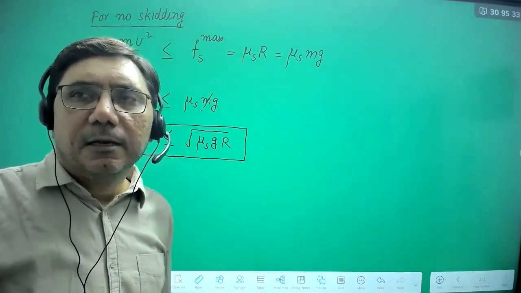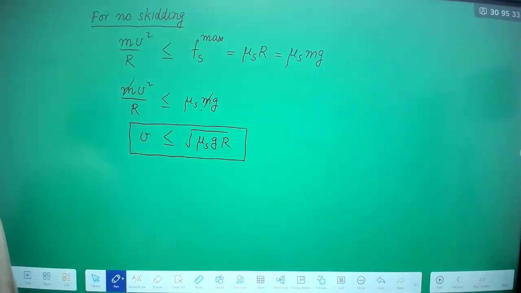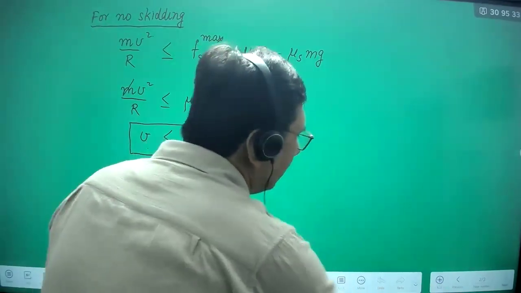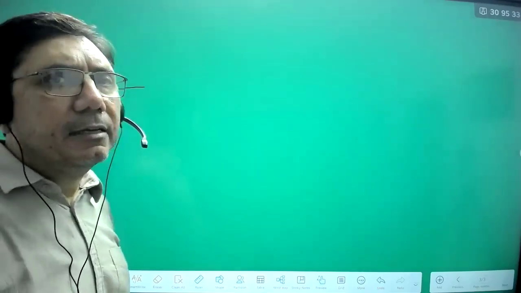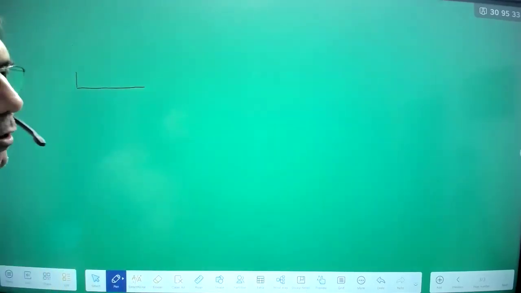Please write in the next line: this problem can be solved by banking of curved tracks on the outward sides.